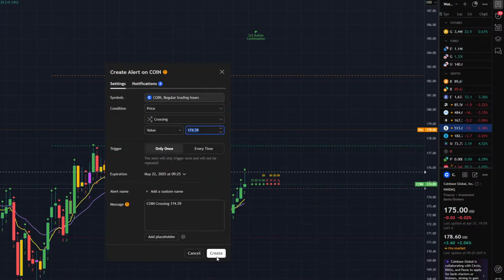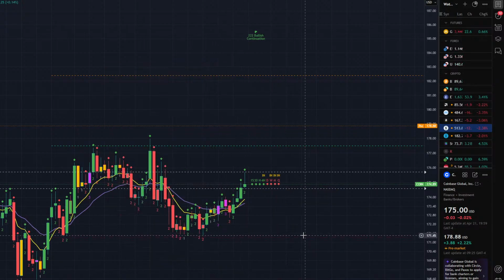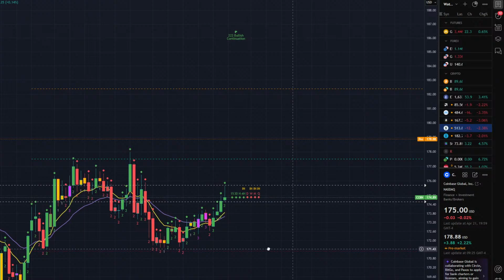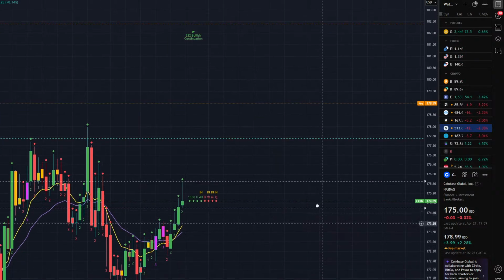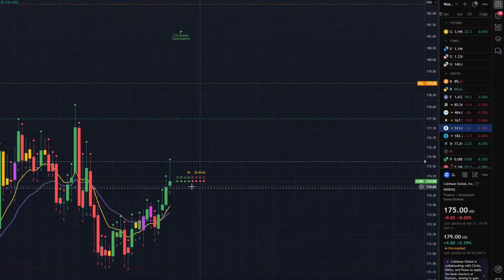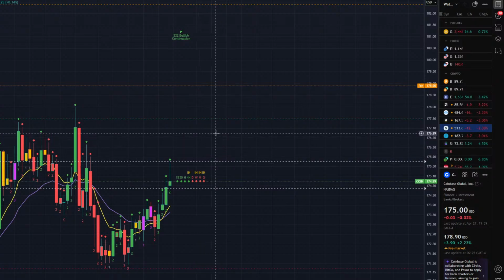This is what I do in the morning. I let the first 15 minutes play out, and then I mark out the high and the low. Then you have these two lines now. Whenever I break below it, it triggers me to enter puts, and it triggers me to enter calls if I break above this.